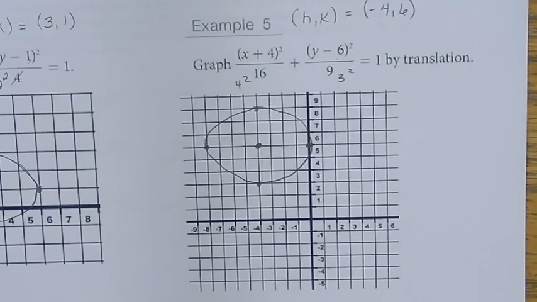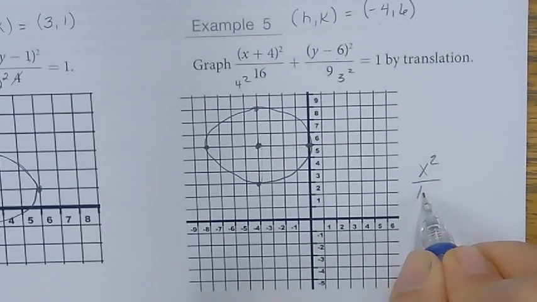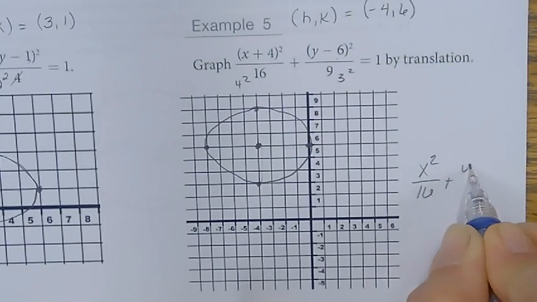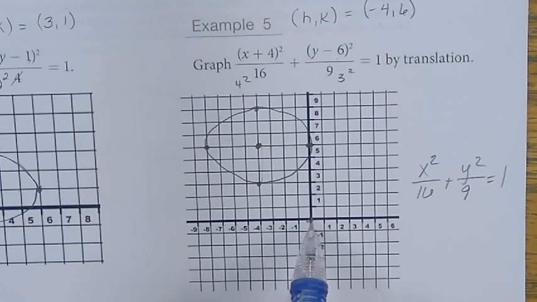Now, when they asked us to do it by translation, what they wanted us to do was graph first x squared over 16 plus y squared over 9 equals 1, which would have been this ellipse at the center, which would be 4 to each side, and then up and down 3.